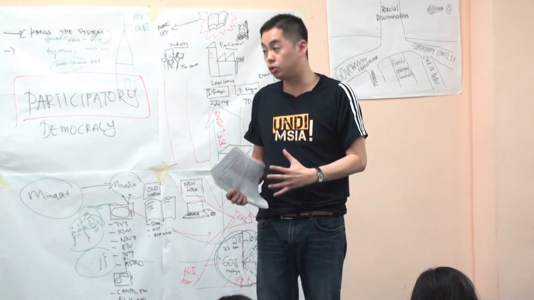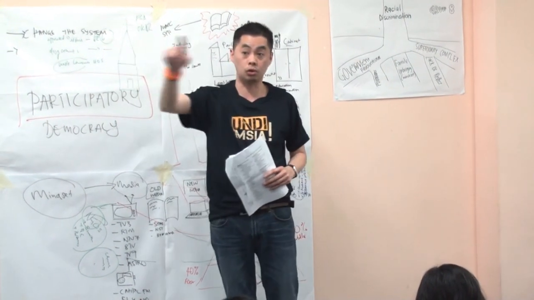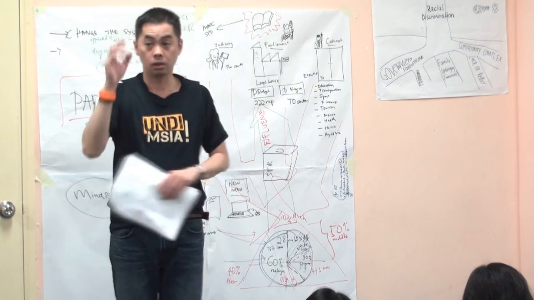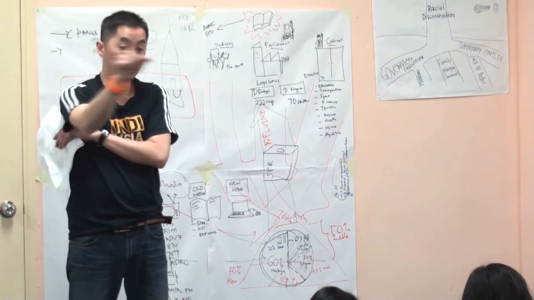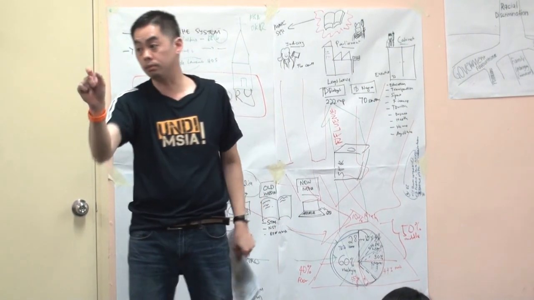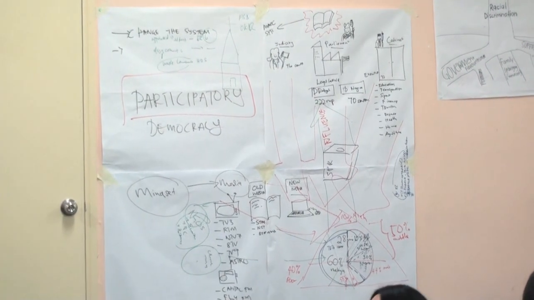But what I want you to do now is, for all those of you who have done your group work, go back to your groups, the groups that have done your problem and voluntary analysis. So if your group did traffic jam in Malaysia, go back and sit down, take that piece of paper.